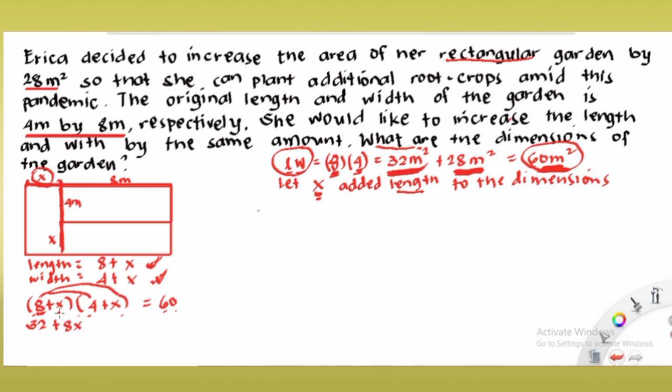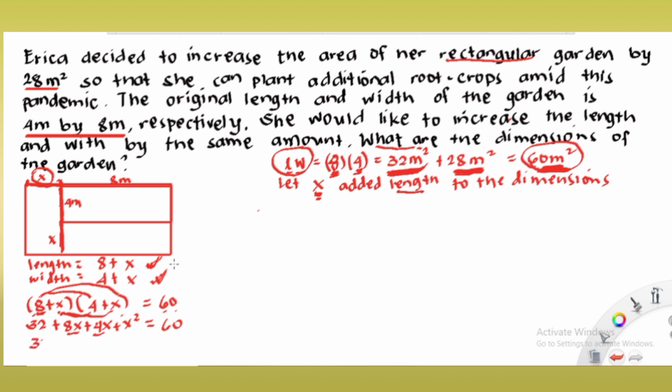Next, ang x naman ang i-distribute natin. X times 4 is 4x. And x times x is x squared. And then we will copy equals 60. And then combine like terms. 8x and 4x are similar terms. So we will just copy 32.